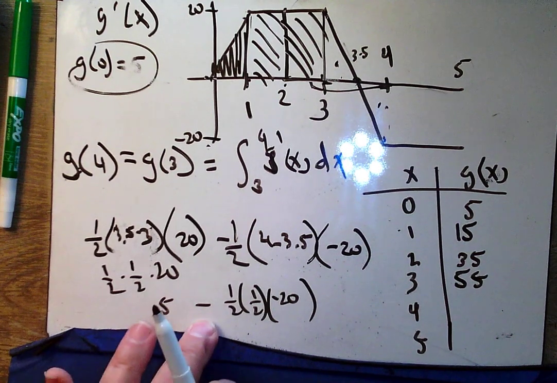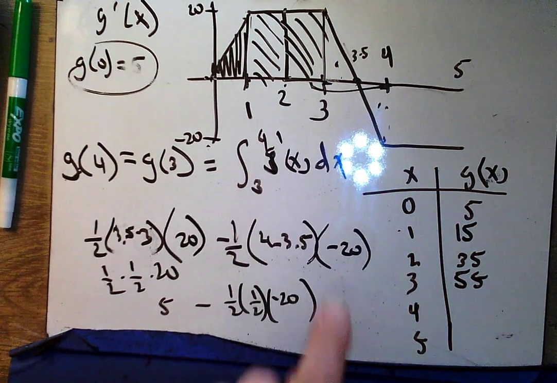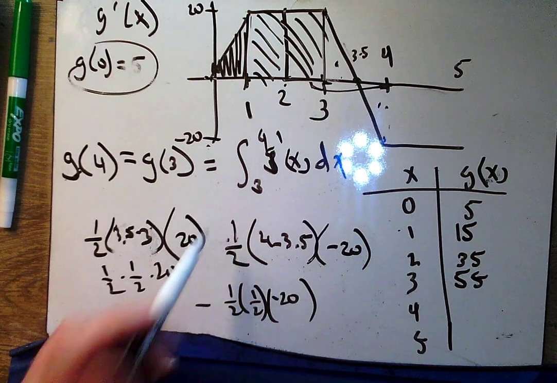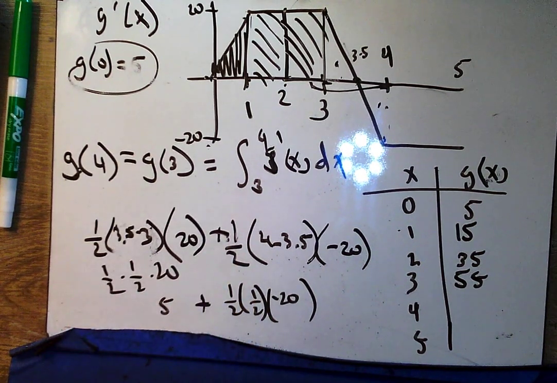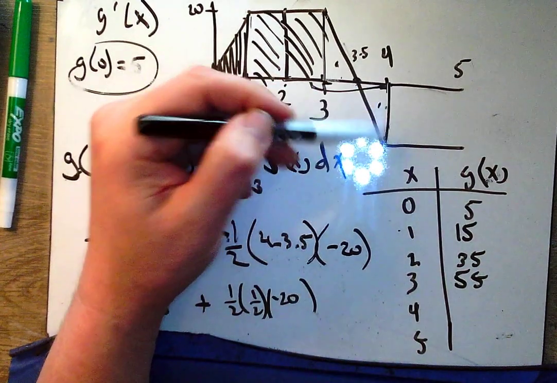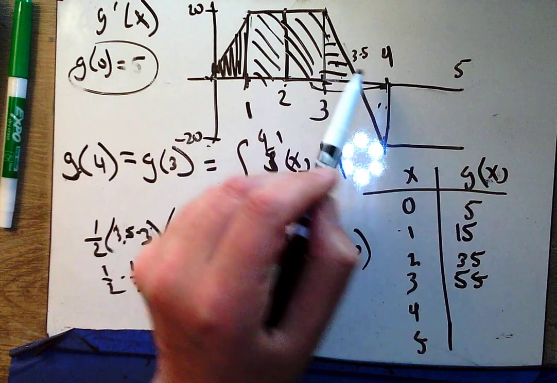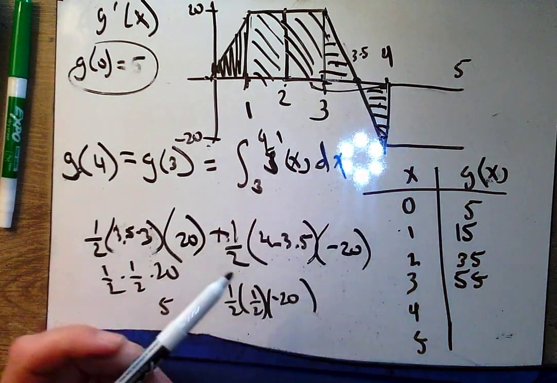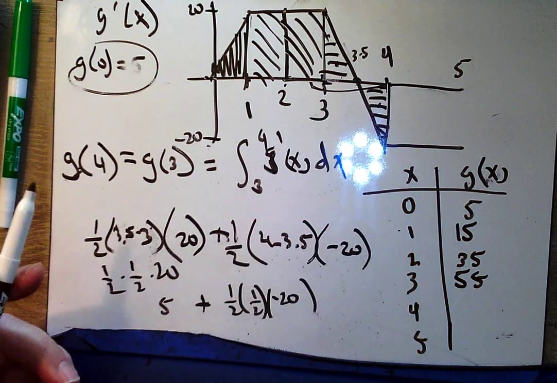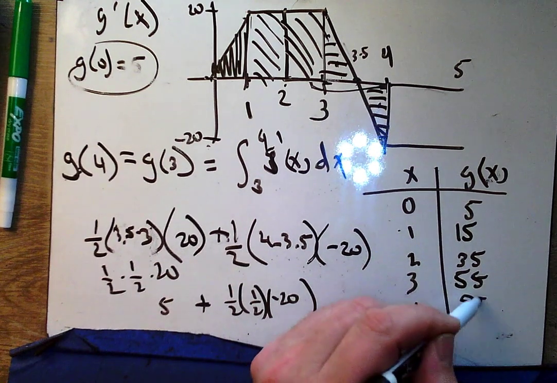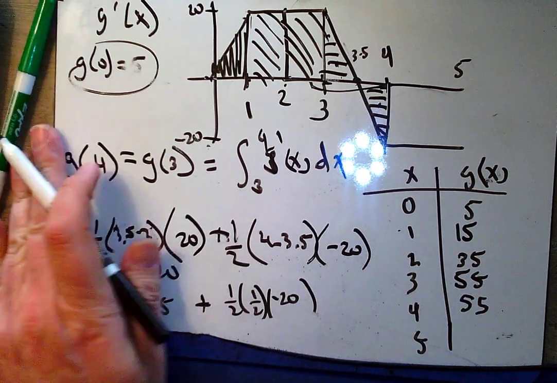Oh, this minus is because I was below, so I don't want to use that minus twice. Let's do that. There we go. And so that's going to be negative 5. Negative 5 plus 5 is 0. We understand that graphically because this and this are the same area and therefore undo each other. So I end up with the same answer over here for 4.